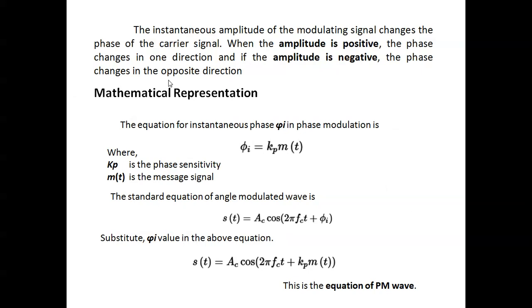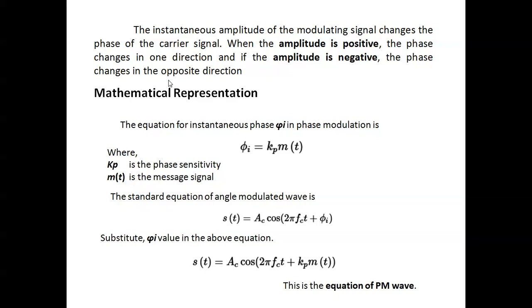Now the mathematical representation of phase modulation. The equation of psi i, the phase modulation, is denoted as kp m of t, where kp is the phase sensitivity and m of t is the message signal. The standard equation of an angle modulated wave is s of t equals Ac cos(2 pi fc t plus theta i).